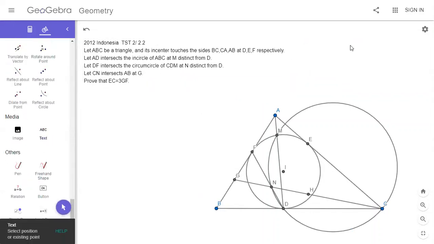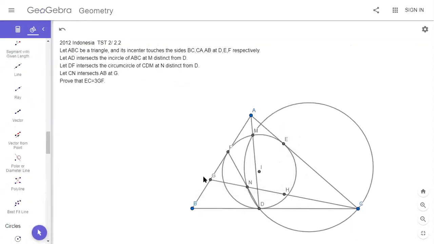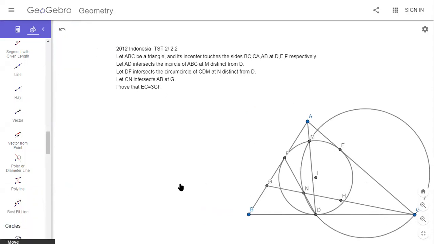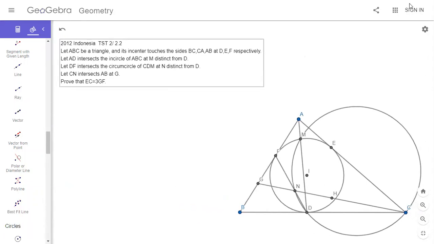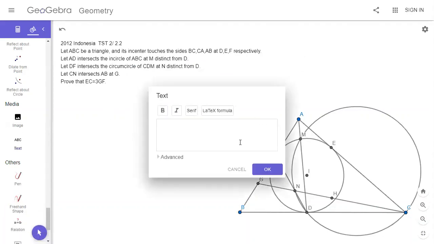So first I'm going to start out using Menelaus. Actually, let me just make some more room here. So by Menelaus, we have CG over GN times FN over FD times DB over BC is equal to 1.